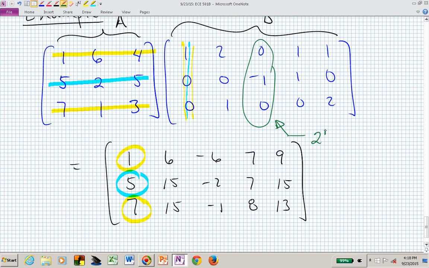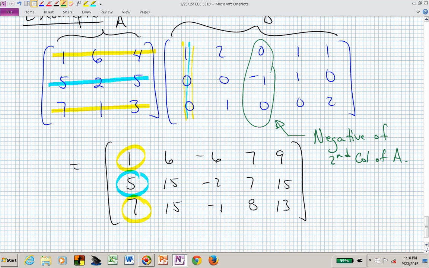Let me write this out. Let's say that this is going to say the negative of the second column of A. And in that sense, then, the third column in our product should be -6, -2, -1.